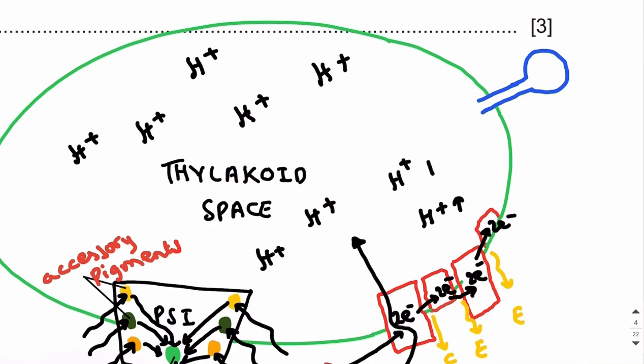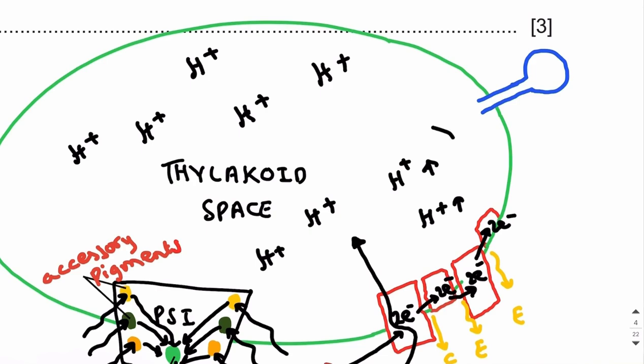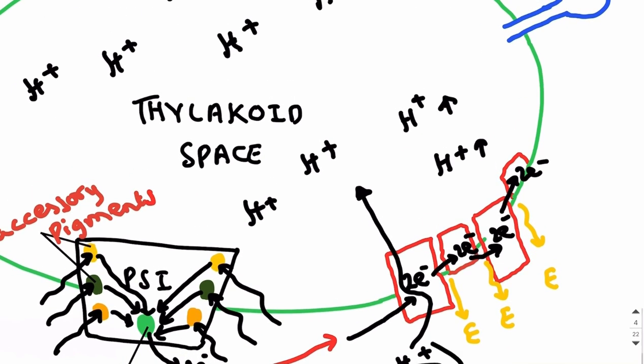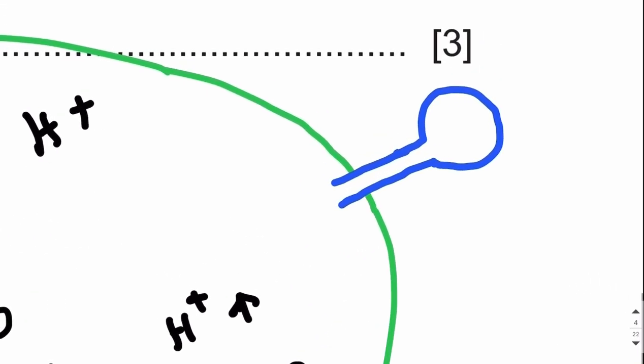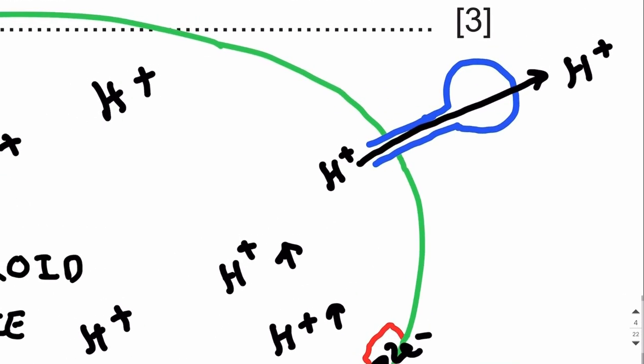It was high already, now it has greatly increased. Because of this, a proton gradient is established between the thylakoid space and the stroma. So these hydrogen ions then return from the thylakoid space to the stroma via the ATP synthase enzyme.